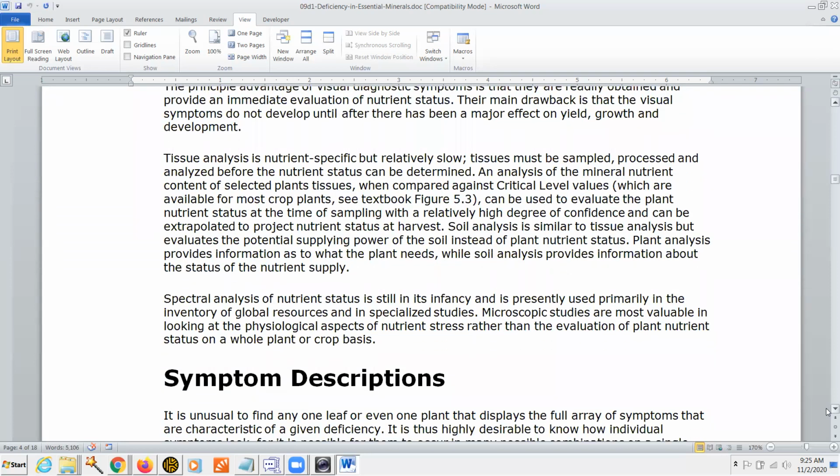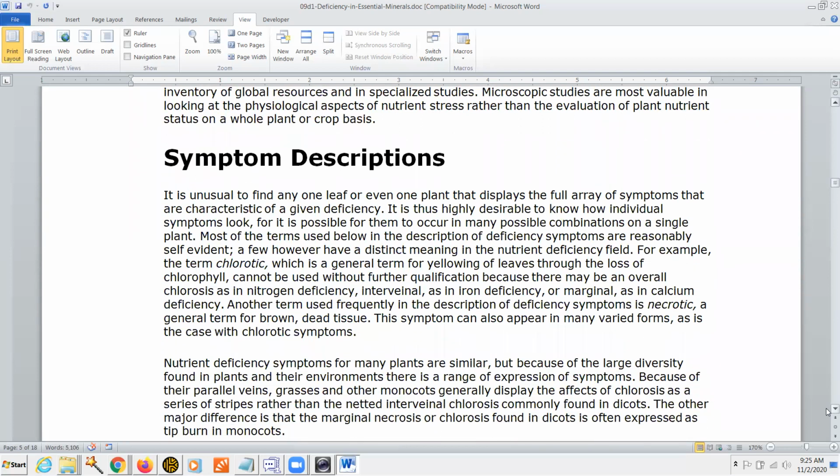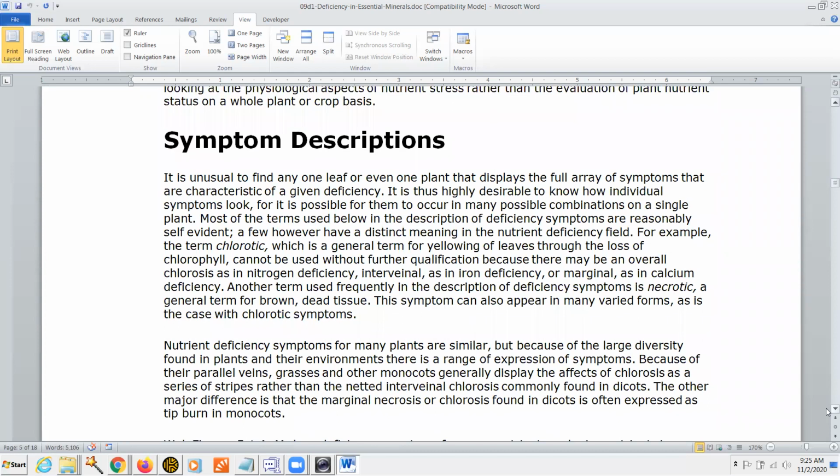So this section talks briefly about those tools. And then there's symptom descriptions. We've talked about some of the vocabulary, but you have to use the vocabulary appropriately. What is an internode length? What is the normal internode length? Is the chlorosis general, or is it splotchy, or is it intervenal?